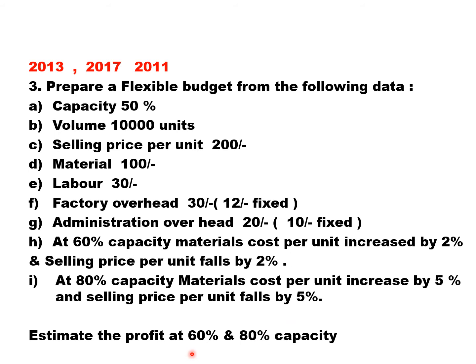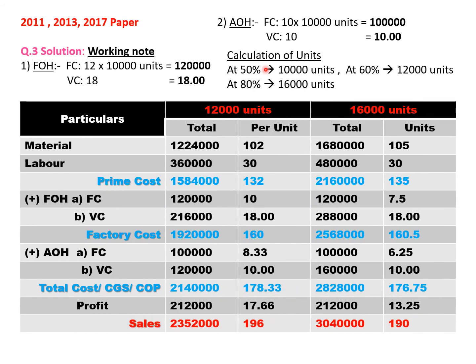Estimate the profit at 60% and 80% capacity. It means you need to prepare a flexible budget at 60% and 80%. Let us look into small working notes, students. Factory overhead total is 30 rupees, 12 fixed, 18 variable.